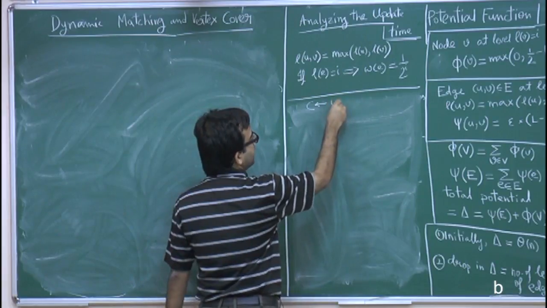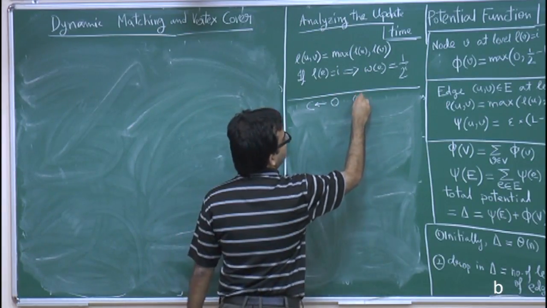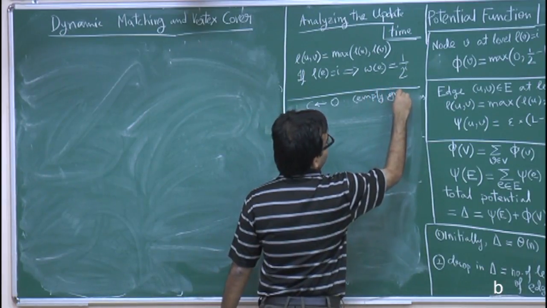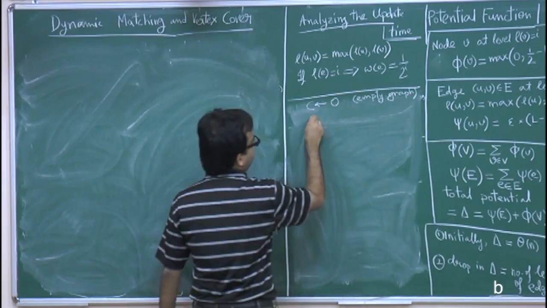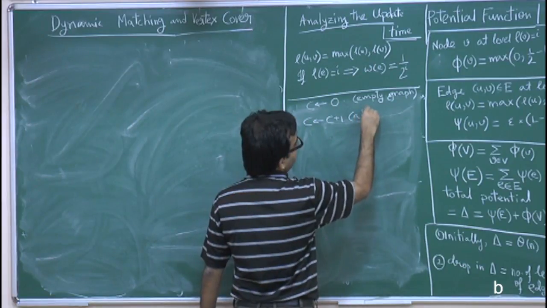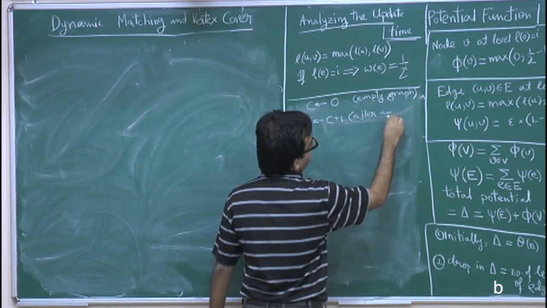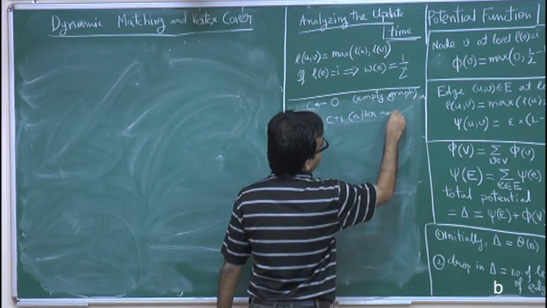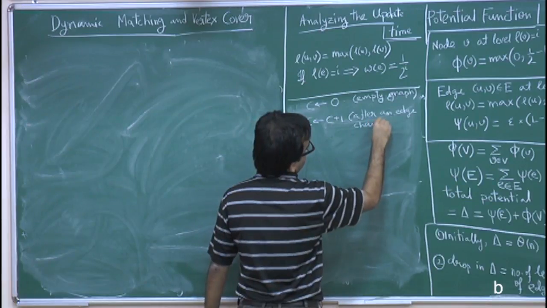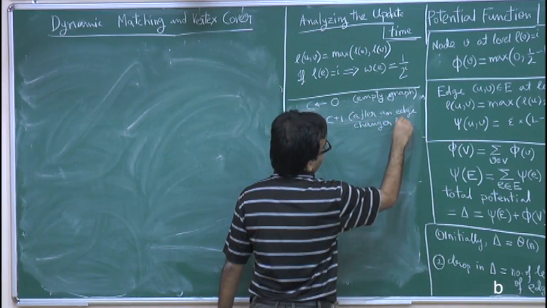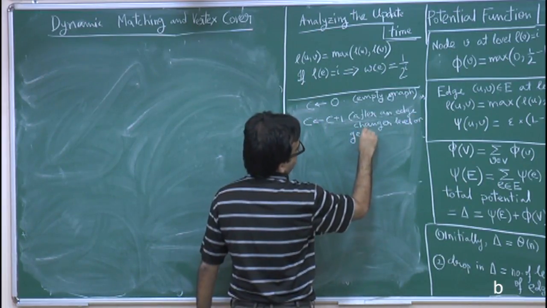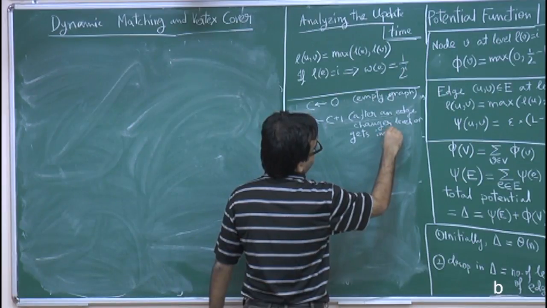As I said, you initialize the counter to be 0 when you are starting with an empty graph. And then you increment this counter by 1 whenever you see an edge changes level, or gets inserted or deleted.